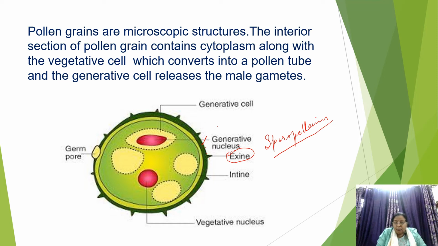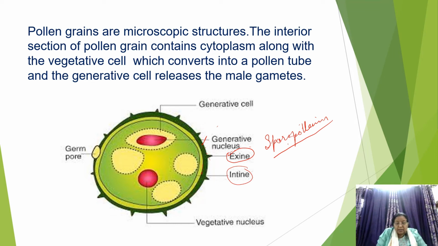It protects the pollen from various temperatures, acids, and it is the layer which makes it water resistant. So pollen can survive through adverse conditions. Clear? The inner layer is made up of cellulose and pectin, which is called the intine. This is the inner layer.